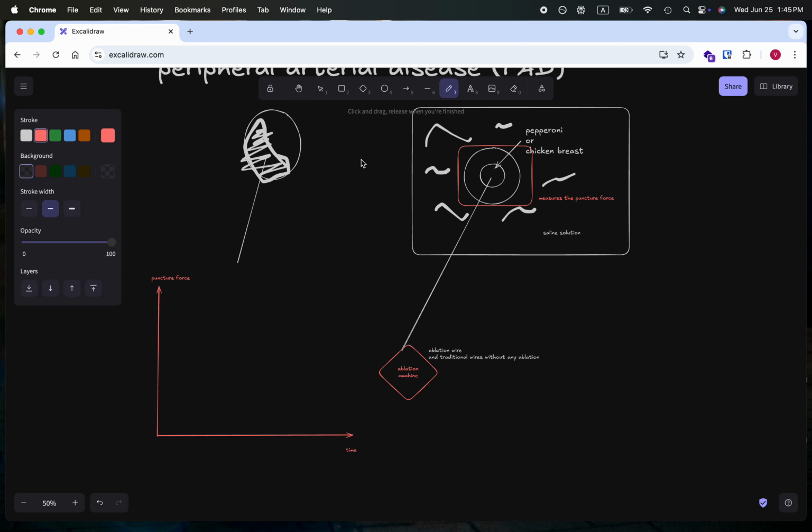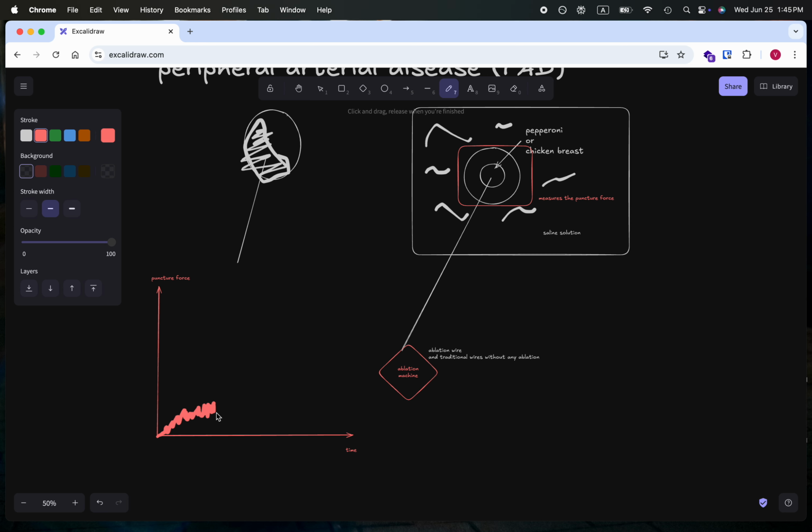So usually if you plot the data collected by the mechanical device, it looks something like this. As the wire advances, it starts from 0, and then there's a lot of small deviations as it's trying to puncture the lesion.